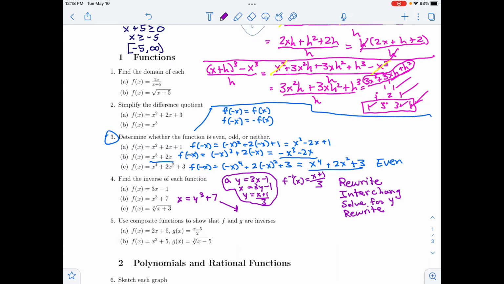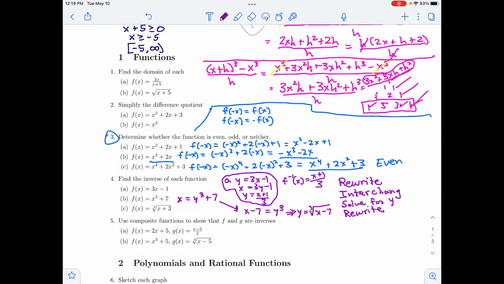And now I want to solve that, so I get x minus 7 equals y cubed. And that means that y equals the cube root of x minus 7. So that's how we do every one of these. We interchange the variables.